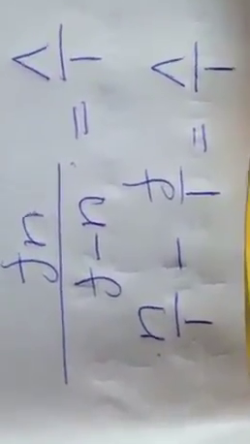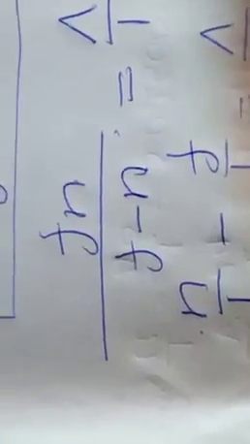To evaluate our V, we bring in the lens formula, making 1 over V the subject. 1 over V is equal to 1 over F minus 1 over U. Then we take the LCM on the right hand side, F and U, that is UF. Divide UF by F, you have U, so U goes up.